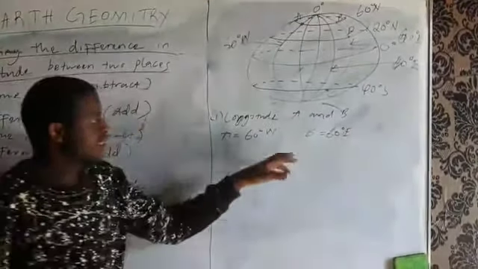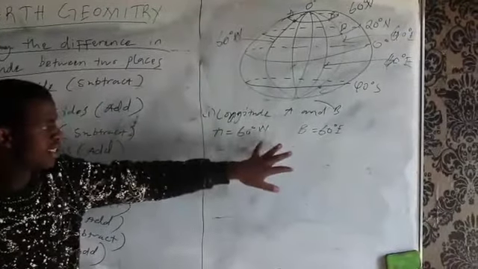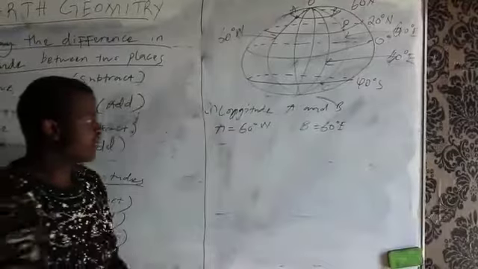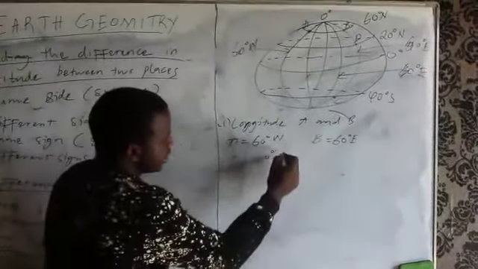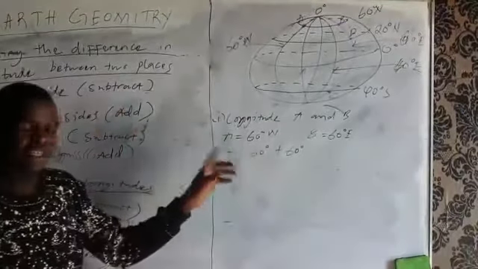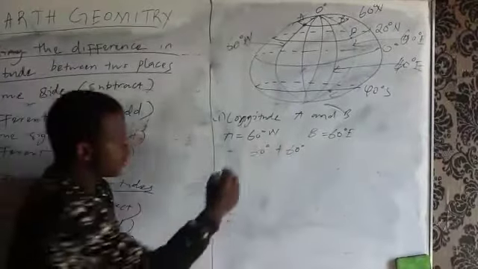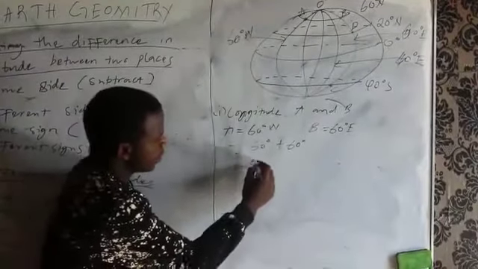As you can see, these 2 points have different signs, so I'm going to add these 2 numbers. So 60 degrees plus 60 degrees. And don't add the signs. So 60 plus 60, that's 120.